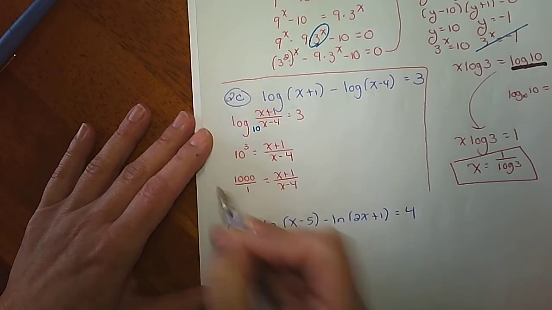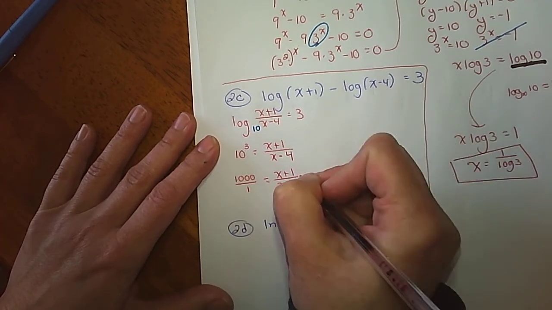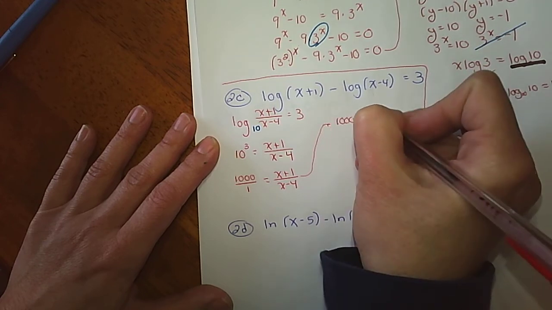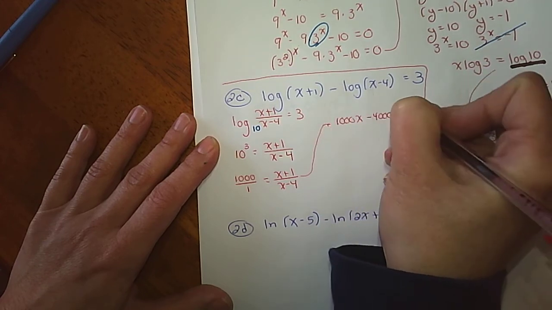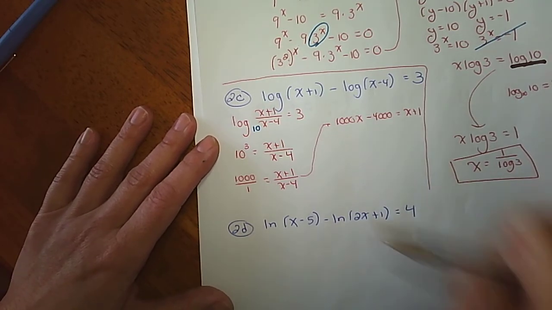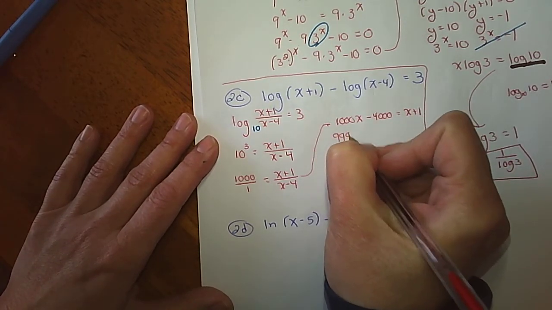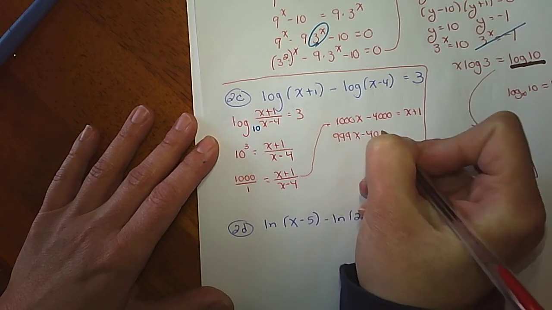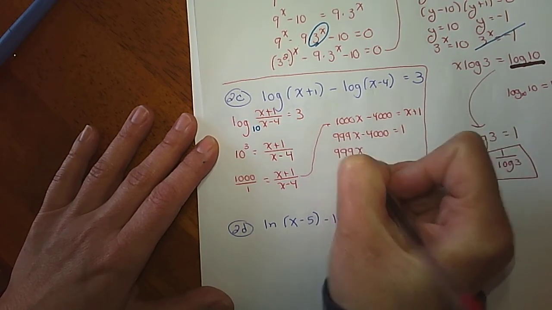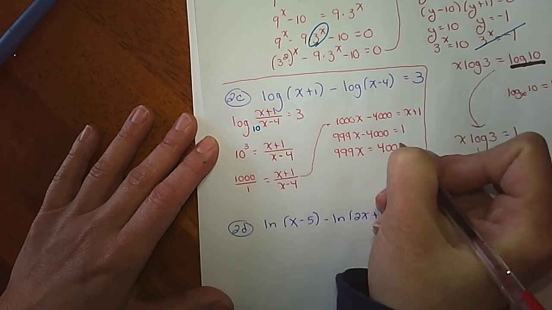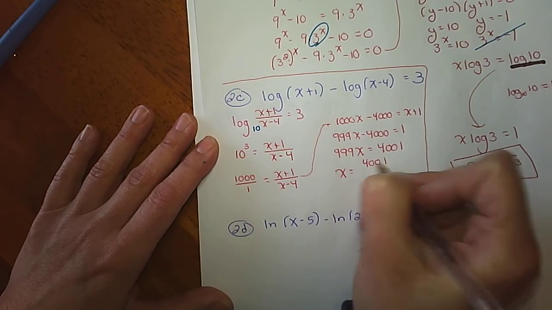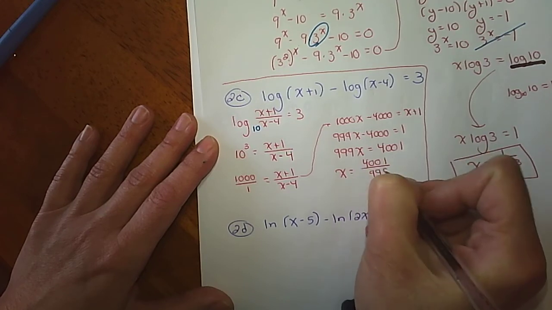Now I'm going to cross multiply. So that's 1,000x minus 4,000 equals x plus 1. So I'm going to subtract over x. So that's 999x minus 4,000 equals 1. Add over the 4,000. I get 4,001. So x comes out to be 4,001 over 999.